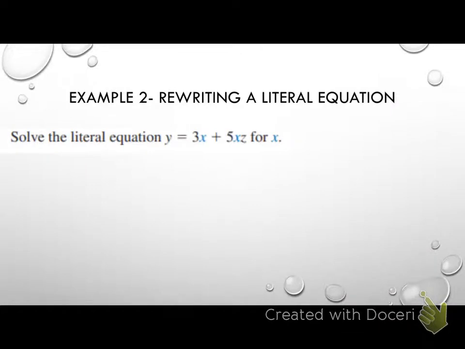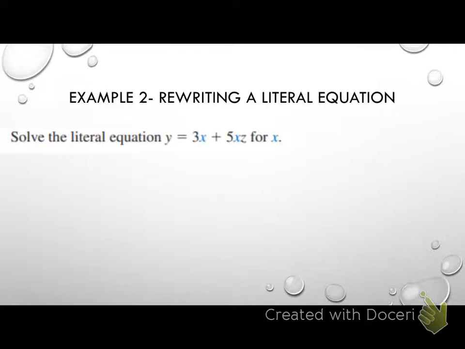All right, here's a different type of an example. Solve the literal equation y equals 3x plus 5xz for x. So I'm trying to solve for x. Anyone have any ideas what I might need to do? Anyone?